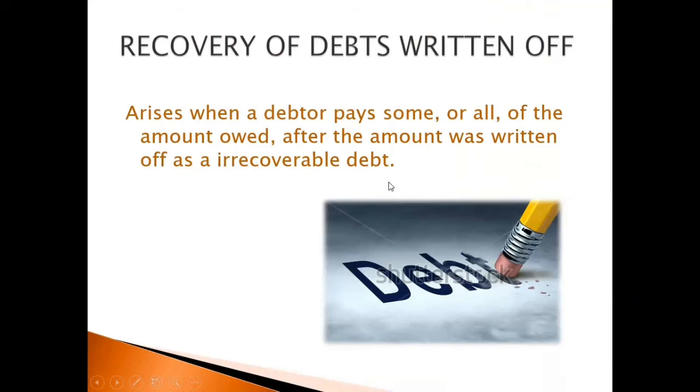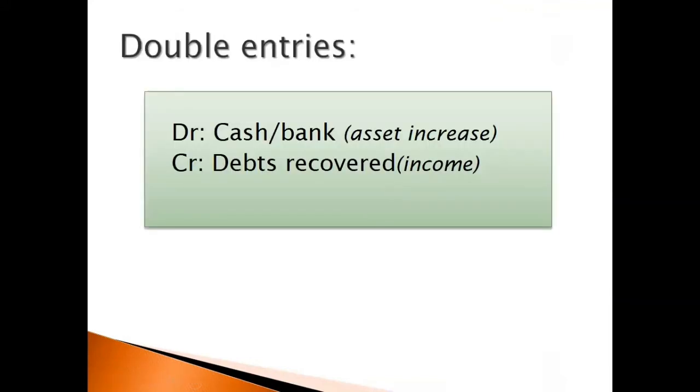So let's say Bhuvan store pays back to Sachin in the following financial year. What will be the double entries? Debit to Sachin's cash or bank account, which increases the asset, and credit to a new account called debts recovered account, which is an income, will be added after the gross profit for the year.